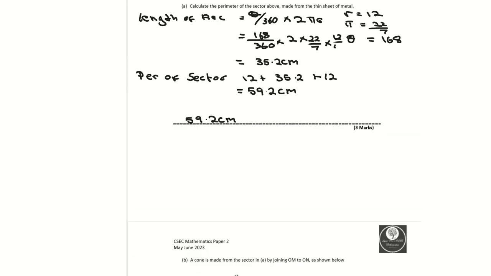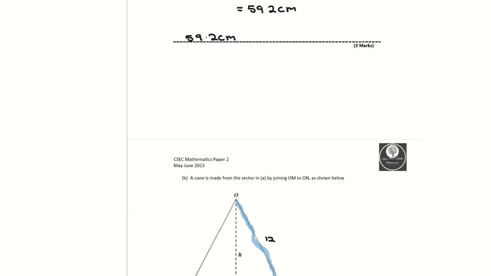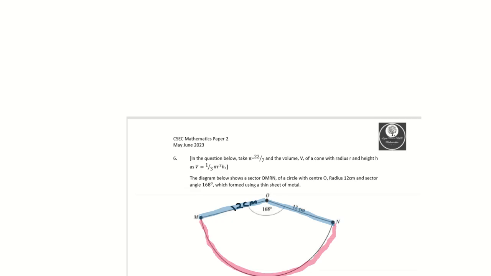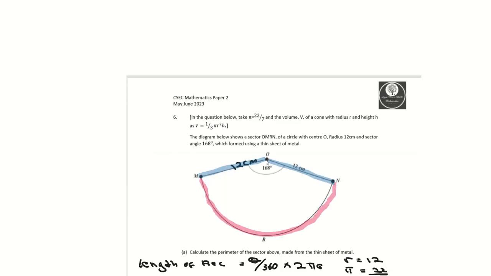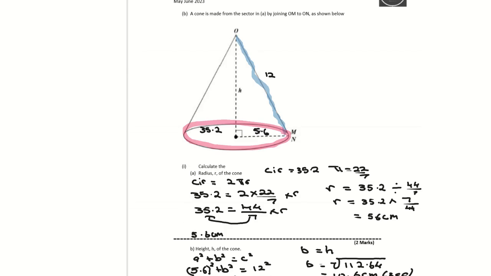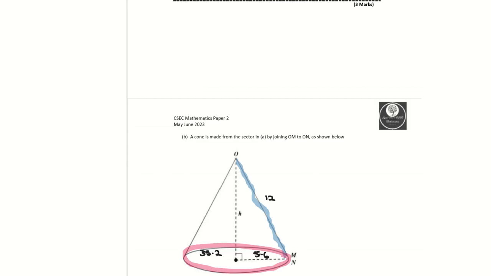Now, we need to understand that they said the cone is made from the sector. So they took the sector, this is the top of the cone, and they made a circle. So the length of your arc is now the circumference of your circle. Okay? The cone is made from the sector by joining ON and OM, as shown below.